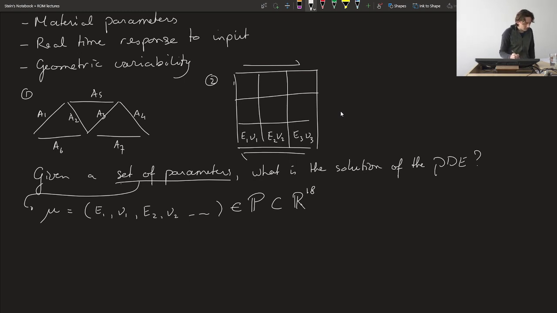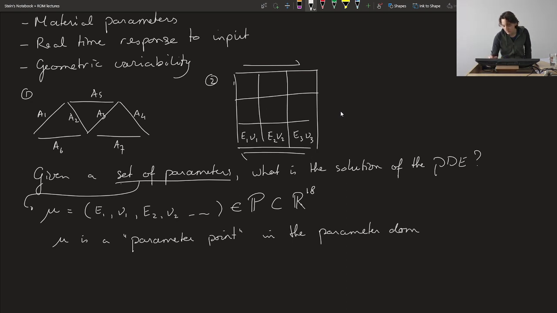Okay, so here we say that mu is a parameter point in the parameter domain P, and that parameter domain P is, in our case, 18 dimensional.